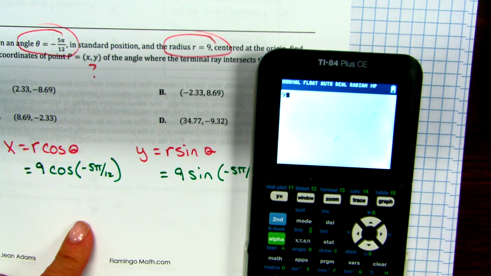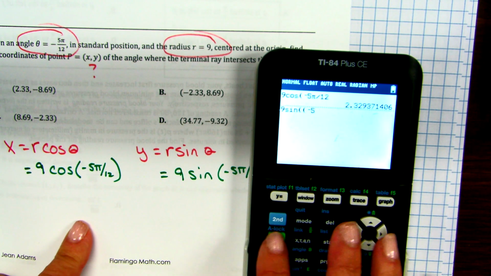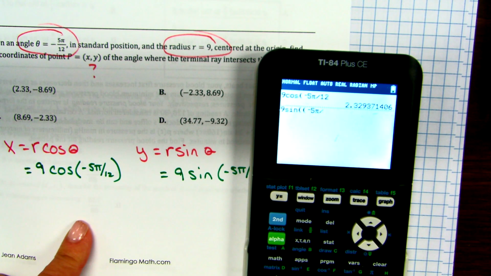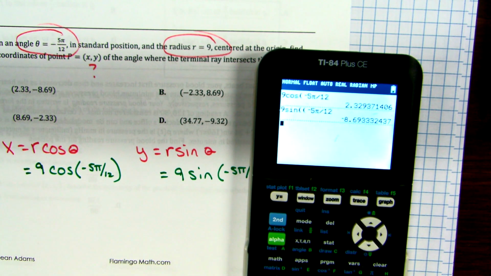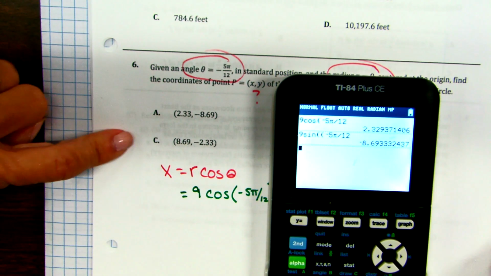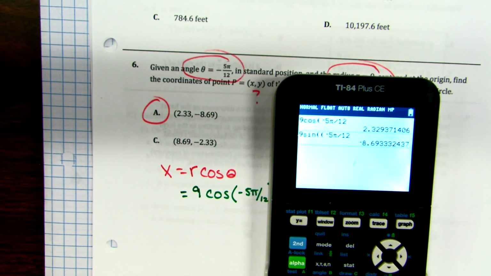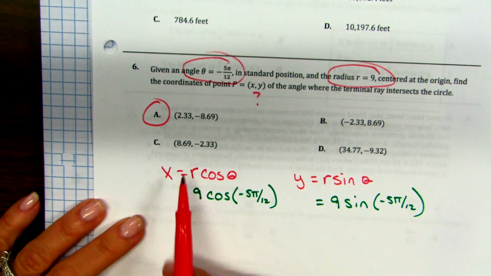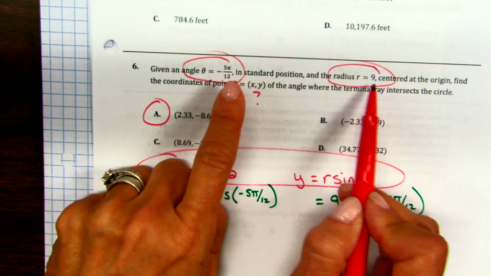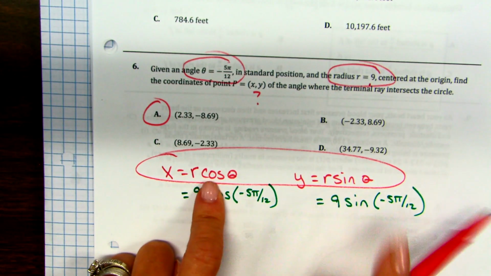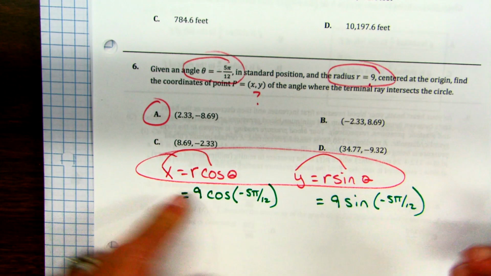So 9 cosine negative 5 pi over 12, and 9 sine negative 5 pi over 12. And there you can see it. So these formulas. But hopefully seeing the r and the theta will remind you of that. And remember, x is always cosine, y is sine, so you know who to put here.